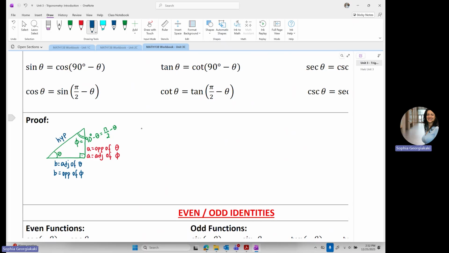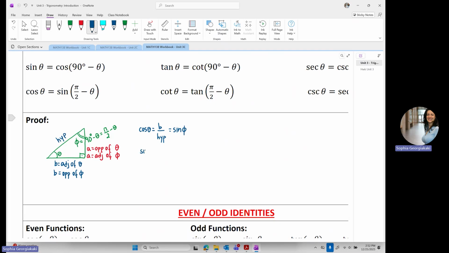And then the hypotenuse is the hypotenuse for both of them. So if I want the cosine of theta, which will be the adjacent B over the hypotenuse, that will actually be the sine of phi, because the sine of phi is the opposite of phi, which is B, divided by the hypotenuse.